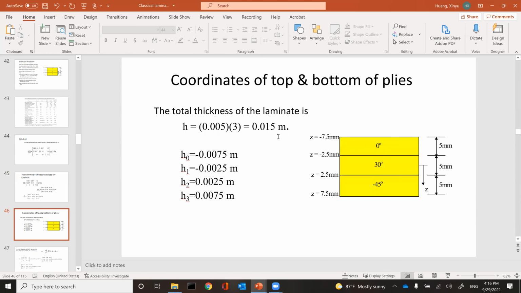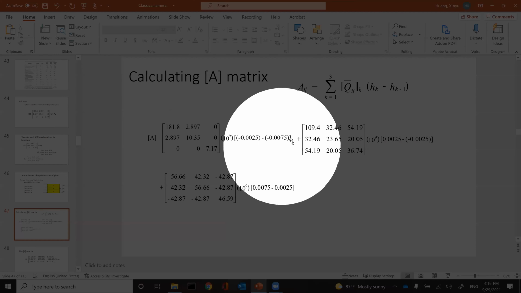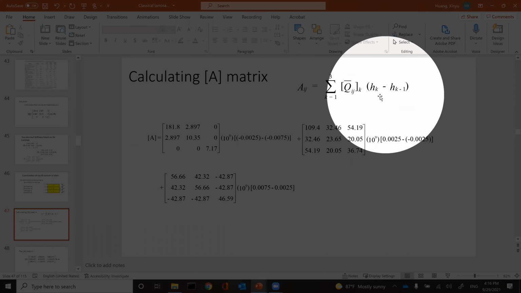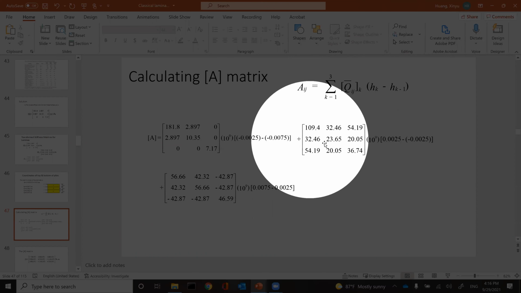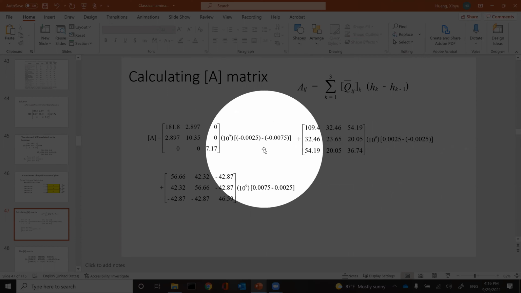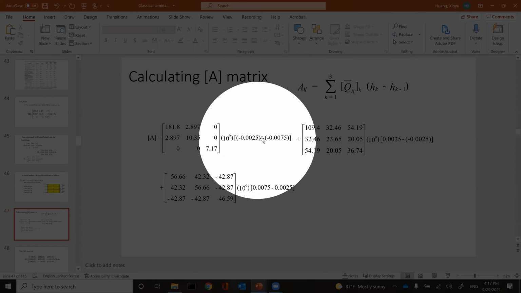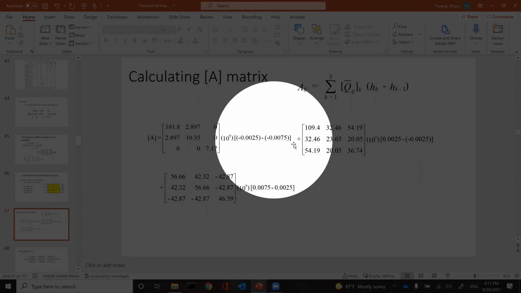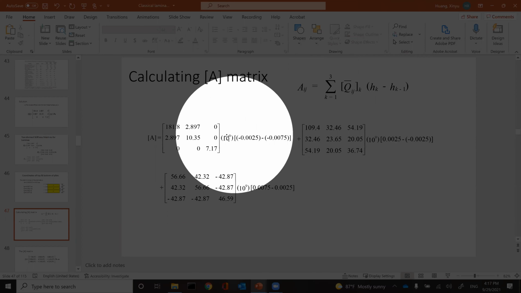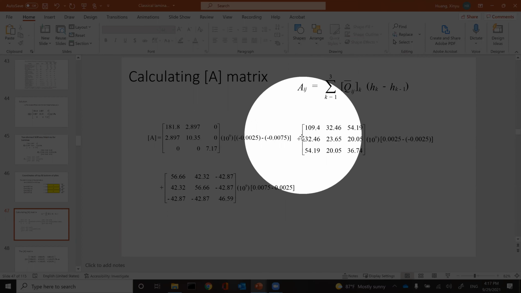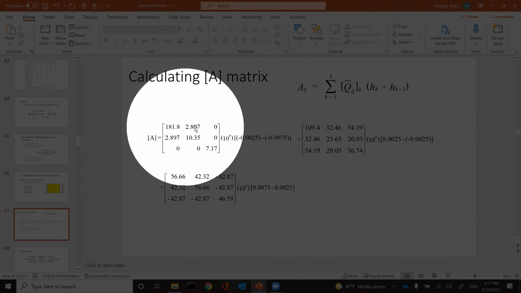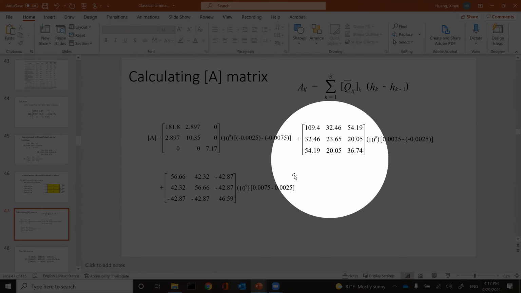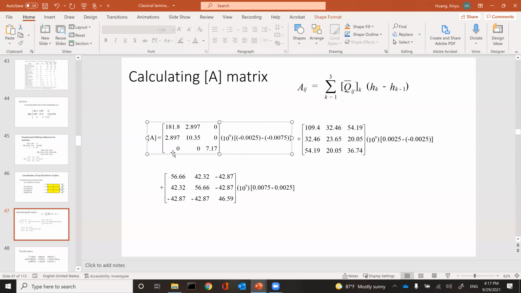You multiply this h_k minus h_k-1, which is equal to 5 millimeter, basically 0.05 meter. It's all the same. And you sum, and you end up having the A matrix. This is all the numbers written out here. It's a 3-layer sum.